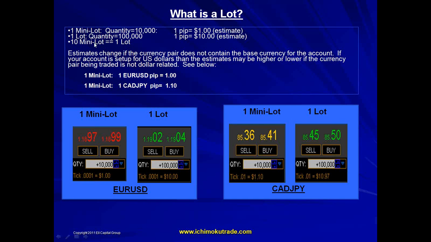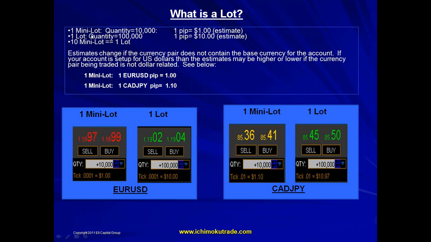Because 1 lot is equivalent to 100,000. Now what is 100,000? That's 10 times these 10,000, isn't it? So 1 lot means 1 pip is worth $10, and 1 lot is just 10 of these mini lots.